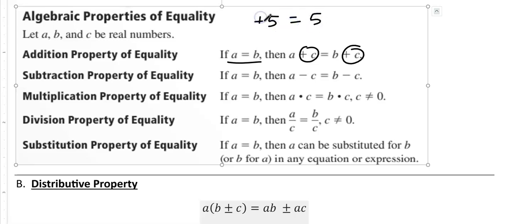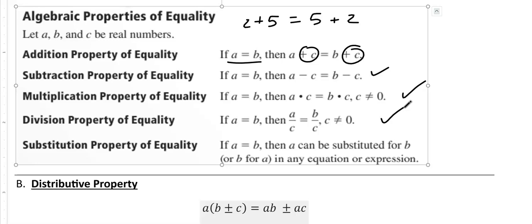Well, if I add the same thing on both sides, it stays equal, right? That's called the addition property. The same thing applies for subtraction. If you subtract the same thing on both sides, we call that the subtraction property of equality. If you multiply both sides by the same thing, we call that the multiplication property. And if you divide both sides by the same thing, we call that the division property.